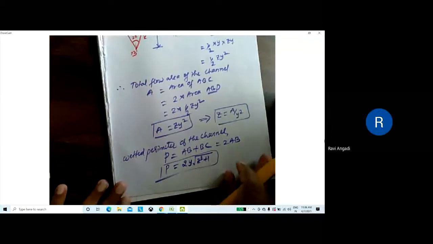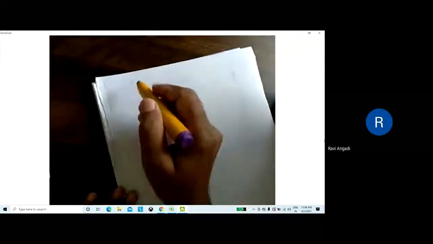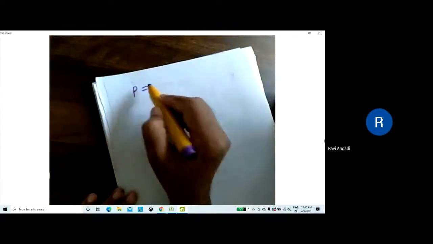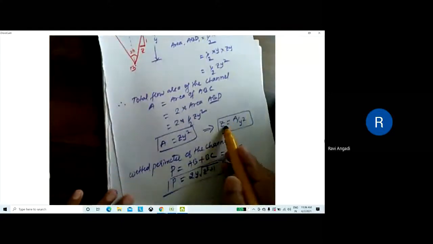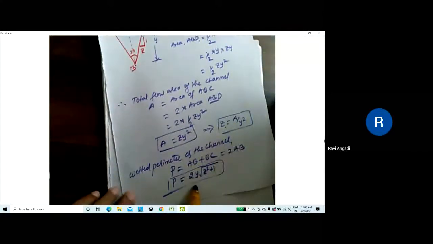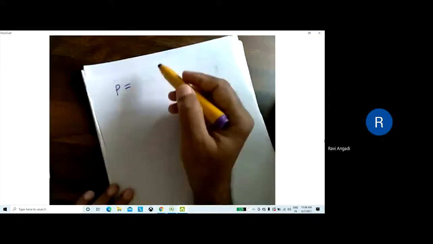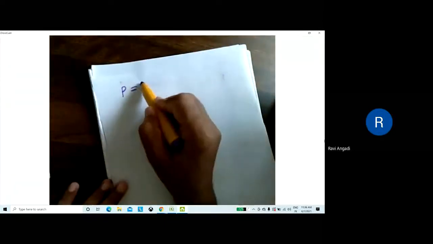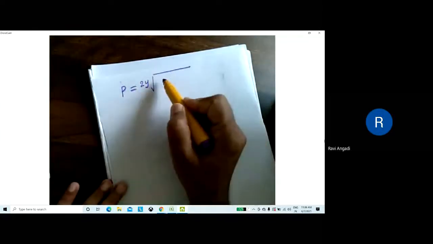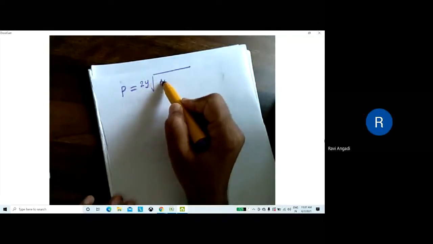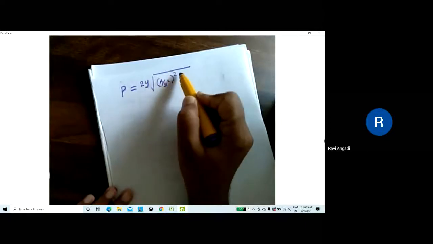Then coming to the next, P equals, substitute the value of Z here, Z equals A by Y square. We get P equals 2Y square root of A by Y square whole square plus 1.